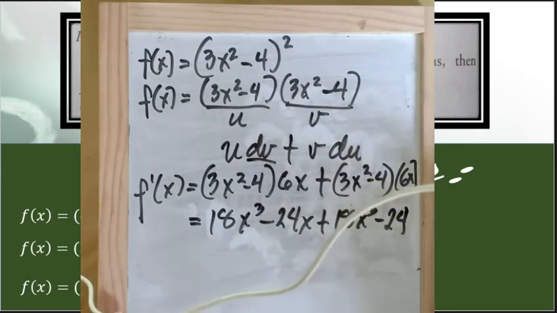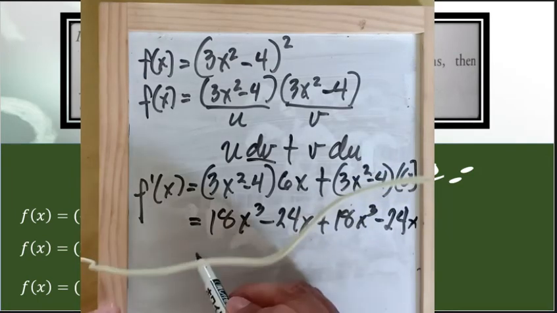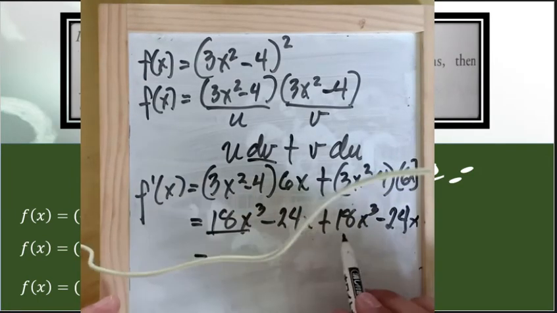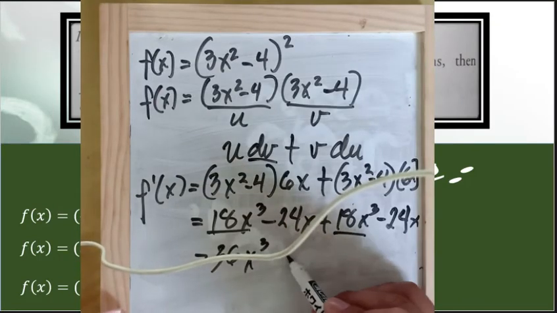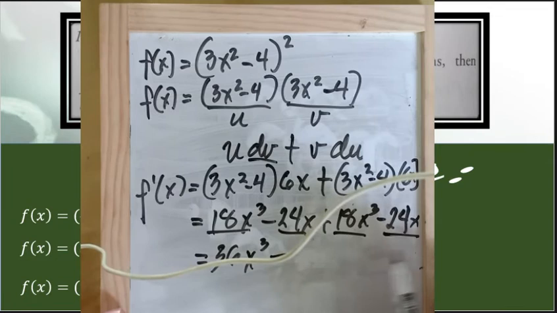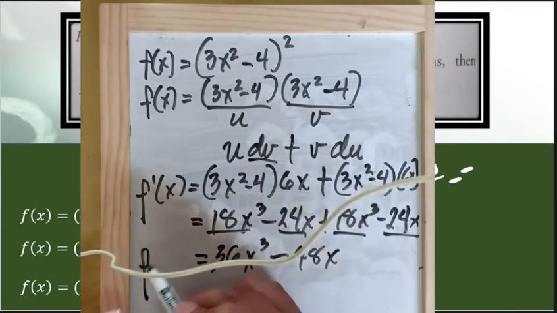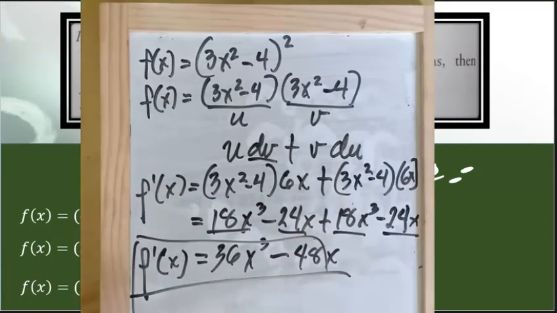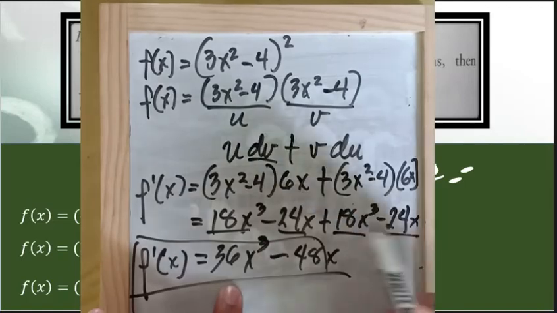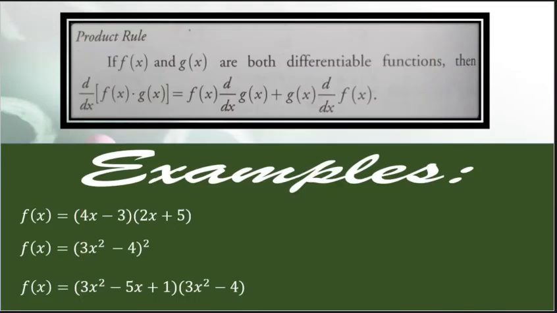There's an x pala there. Right. 24x. So the final answer is 18 plus 18 is 36x cubed, minus, what's 24 plus 24, is 48x. So this would be your f prime of x final answer: 36x cubed minus 48x. Okay, I will leave the third example to you.